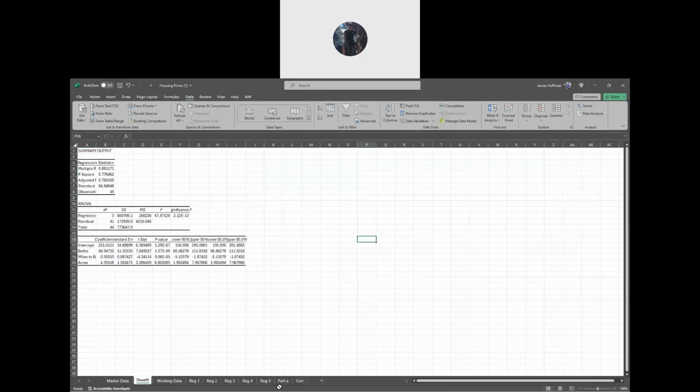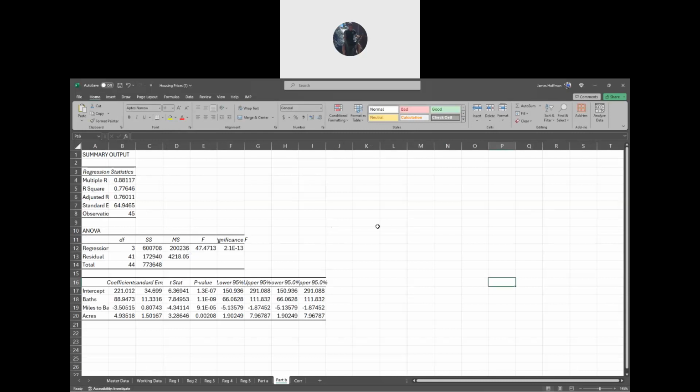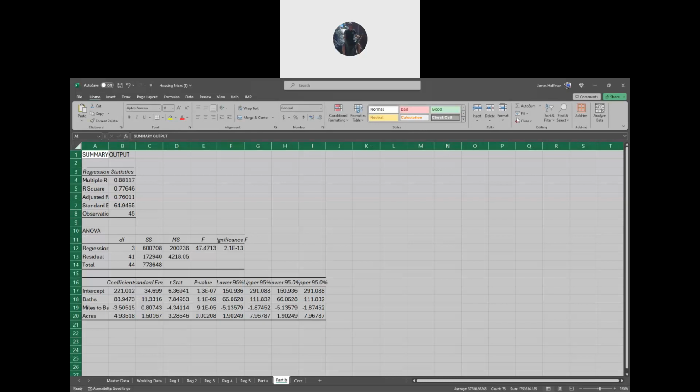Let's call this part B. Let's see what we got. Now we have no variables that are correlated and pretty high significance for all. But the thing to notice, I'll do the formatting first.